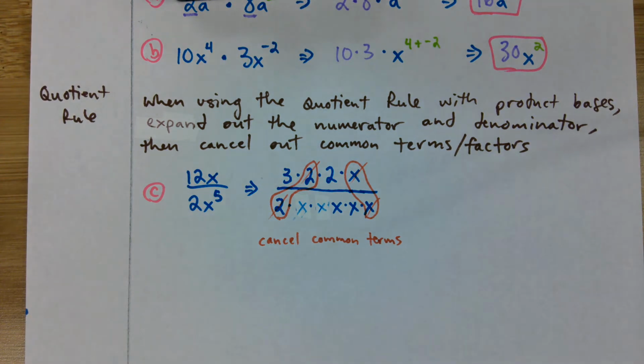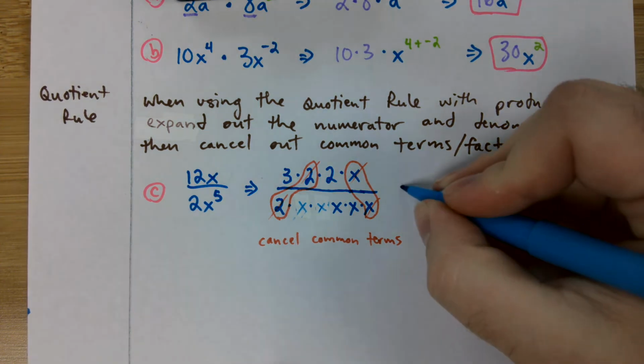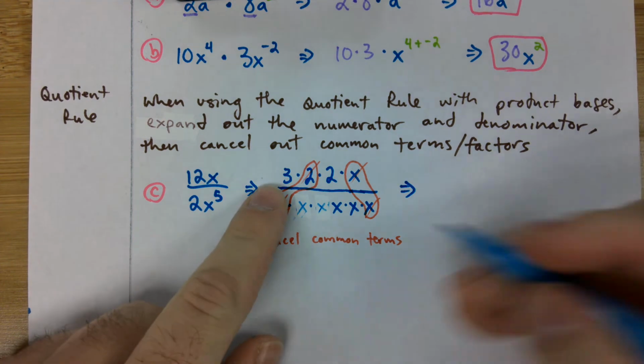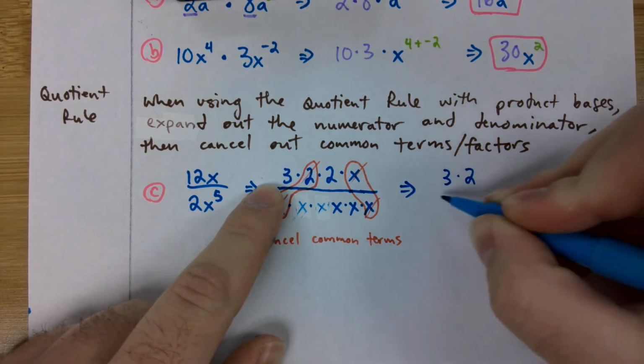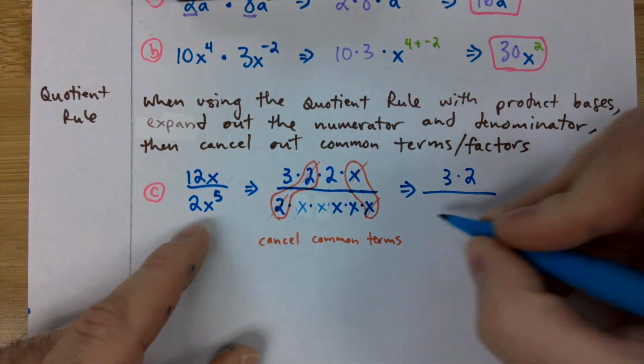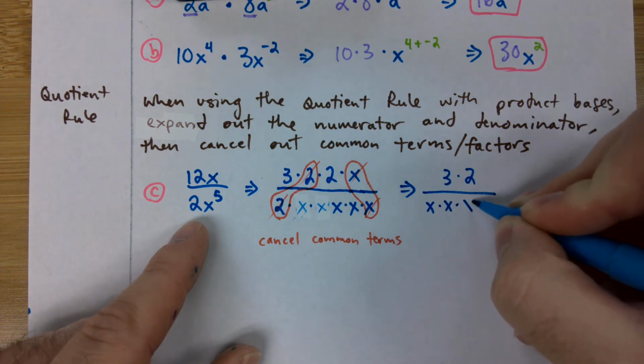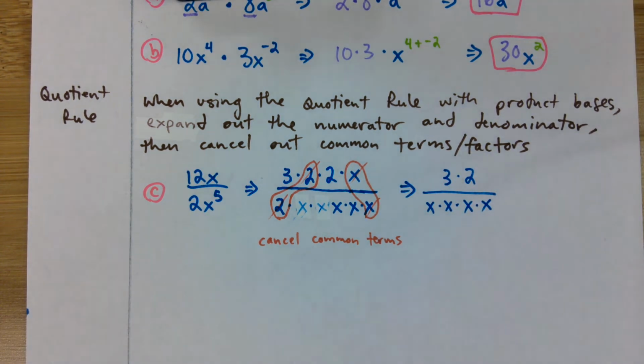Okay, so we canceled out our common terms. Now all we're left with on the top is 3 times 2. And all we're left with on the bottom is x times x times x times x.